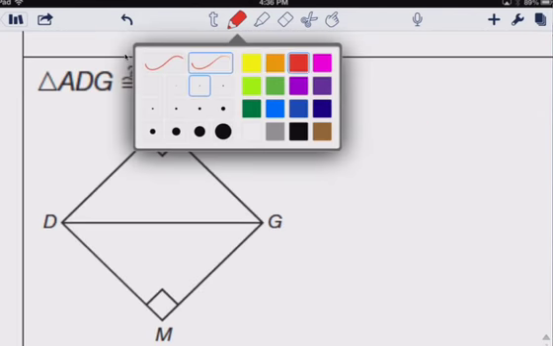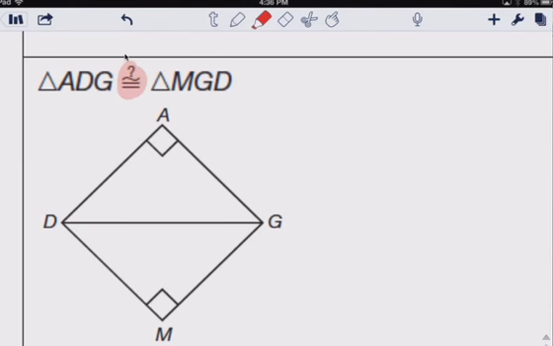Are they congruent? See, they have this question mark there. They only have a 90-degree angle. And here's the side that's the same. Okay, that's shared, so it's the same. So side, and that's it. We don't, the angle needs to be here though. Side, angle, side. So not enough information.